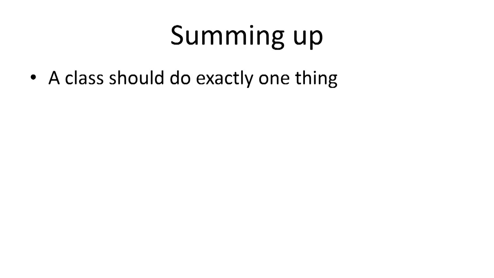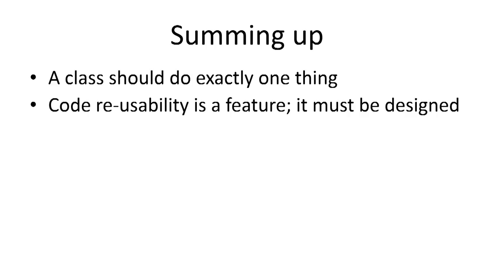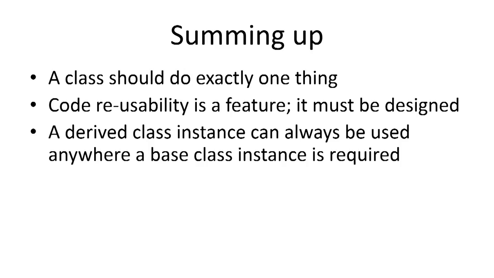All right, so summing up, we have seen the 5 solid principles of object-oriented design. There are, of course, many other principles of object-oriented design, but these ones are often called out as some of the principal ones. So just to reiterate, classes should do one thing and do it well. Code reusability is a feature of that code, and it has to be designed in carefully.